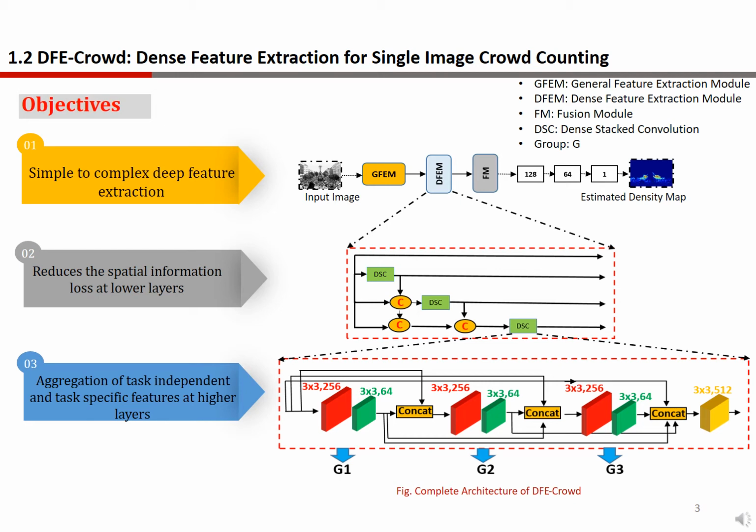GFEM is very reliable to obtain the simple to complex features, whereas the DFEM is further expanded and has multiple DSCs, and each DSC is further expanded on the right hand side of the diagram. So GFEM is used for simple to complex information, whereas the DFEM is used to propagate the information from lower layers to the higher layers.